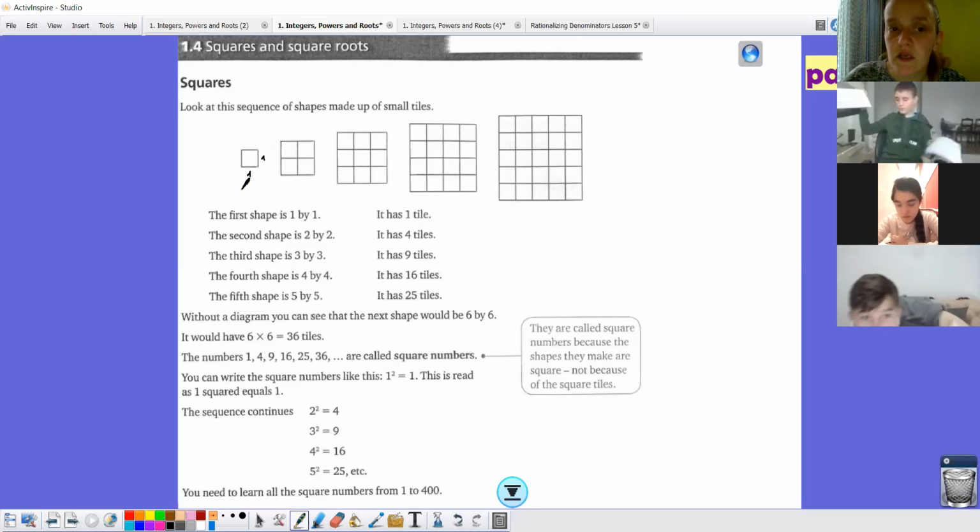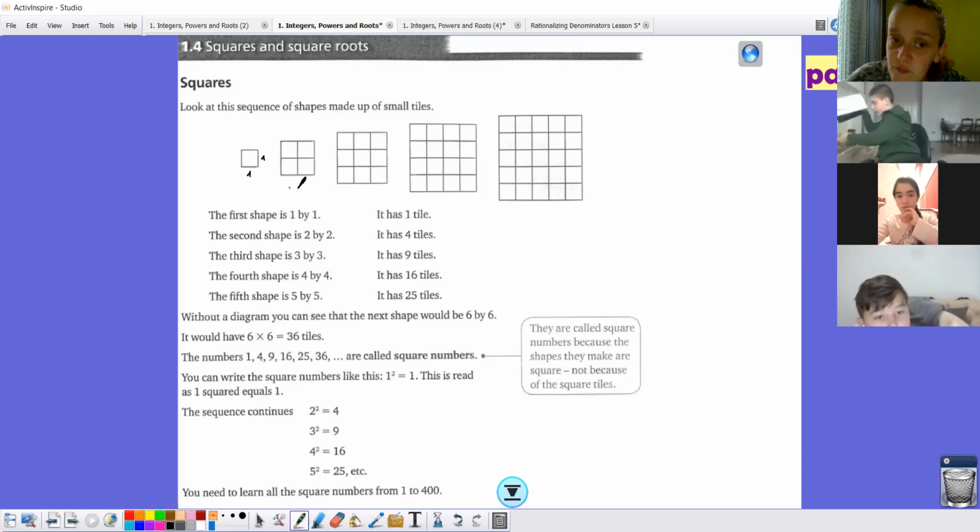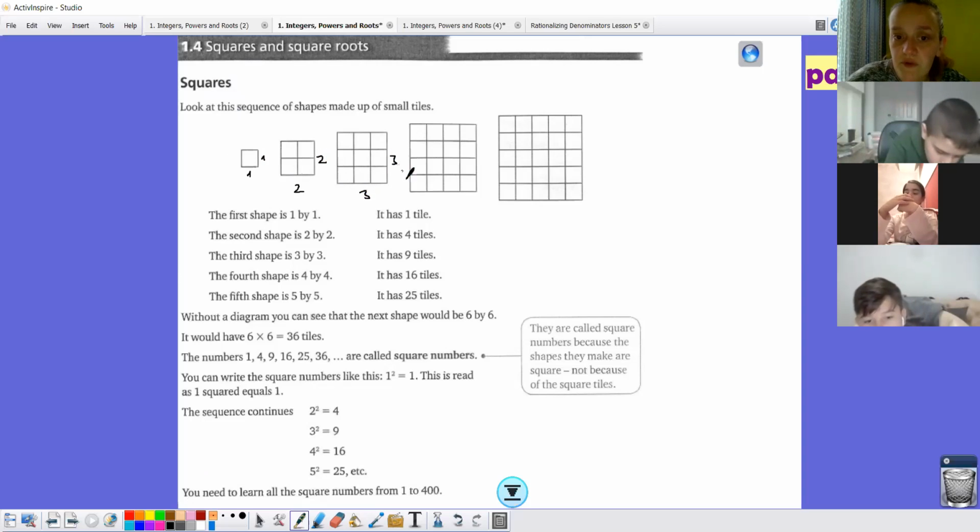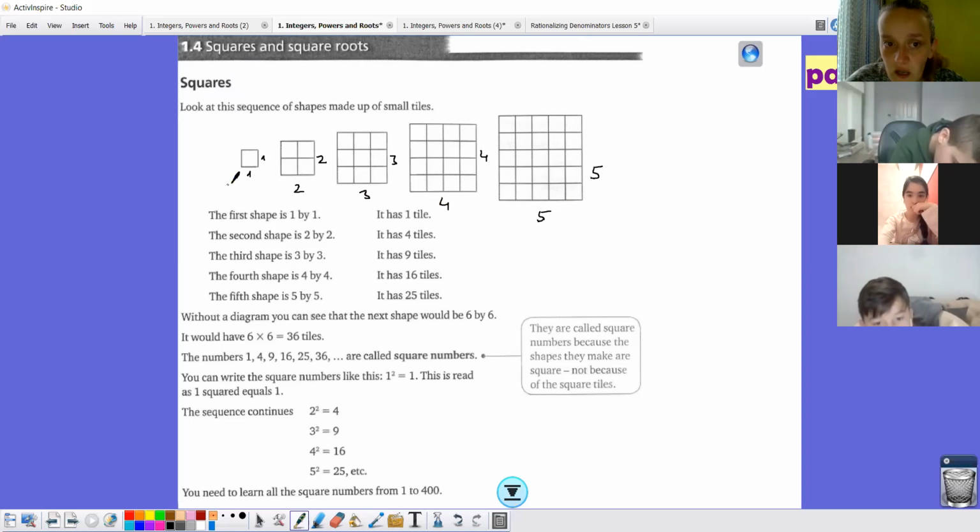So this is called 1 by 1. This one will be 2 by 2, because I have, as you see, 2 units. This one is 3 by 3. This one is 4 by 4. And this one is 5 by 5. Can you understand how it goes?